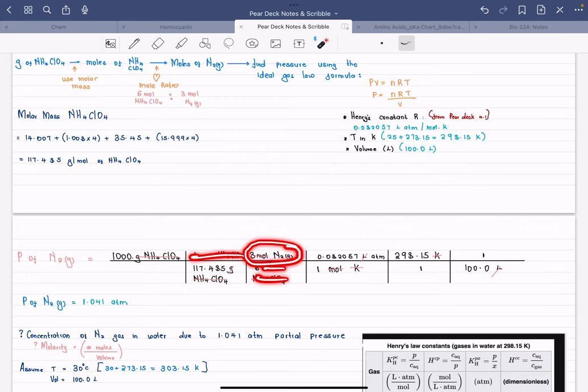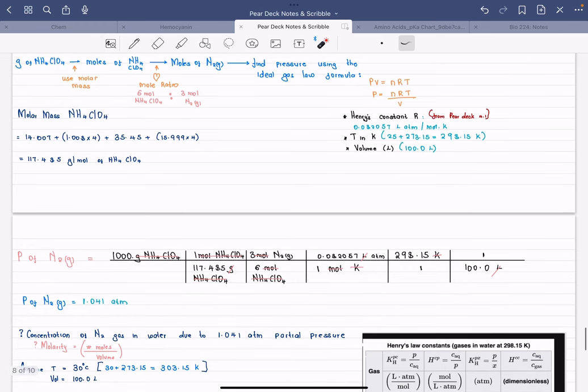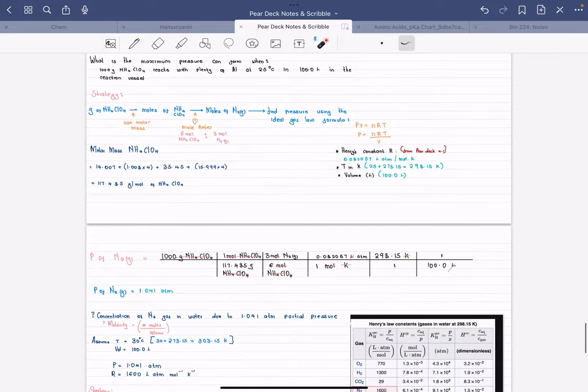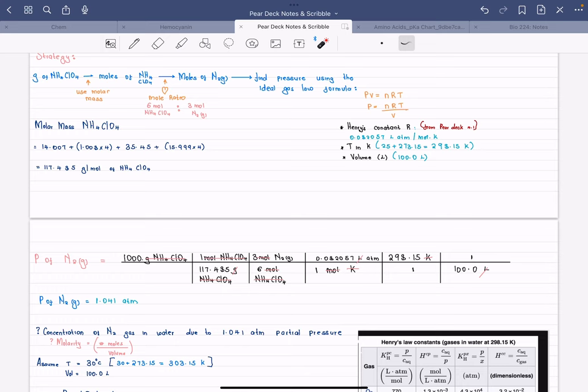moles of nitrogen gas. And then I multiply that by the constant, which is this. And I multiply that by the temperature there. And then I divide that by the volume. And so this chart emulates my entire strategy.